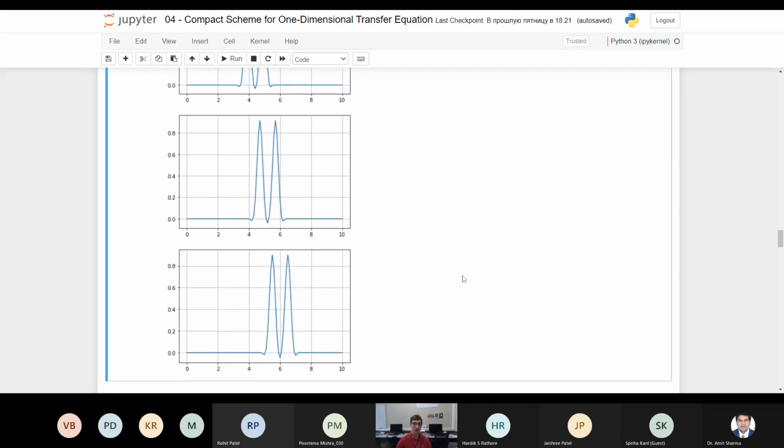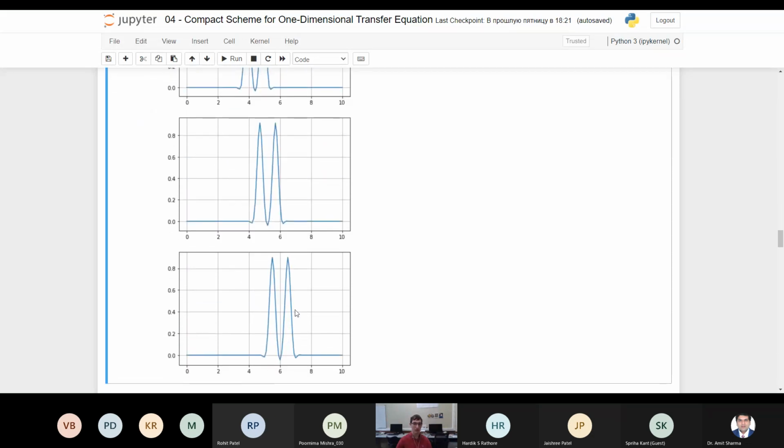And in the end, we have the amplitude around 0.9, maybe 0.95. So we have a degradation in the accuracy of the solution. And we also may notice the negative values, which we will discuss in some detail later.